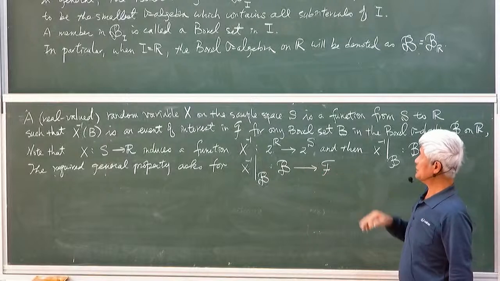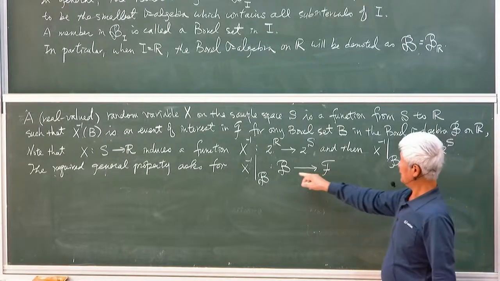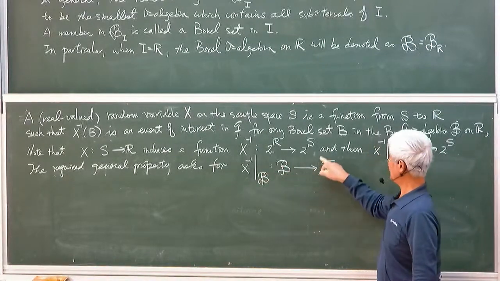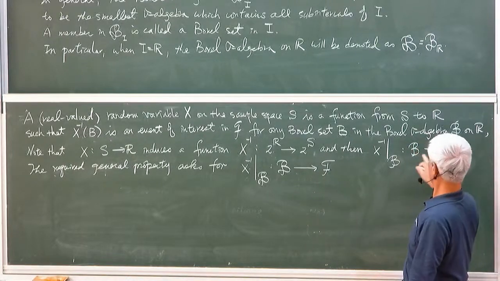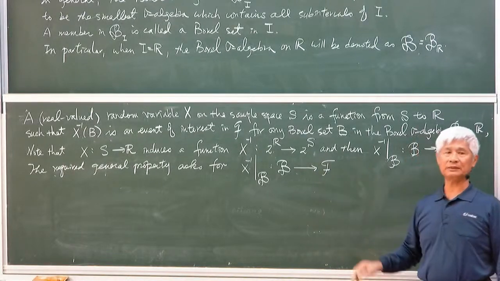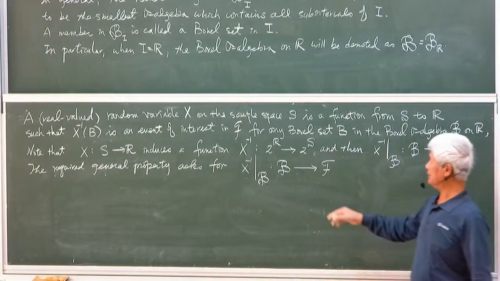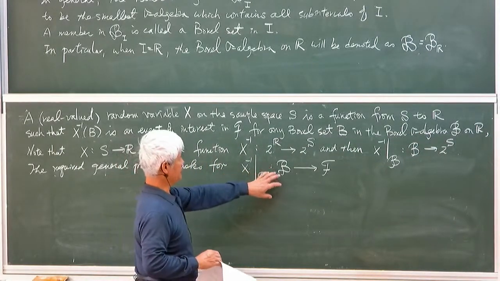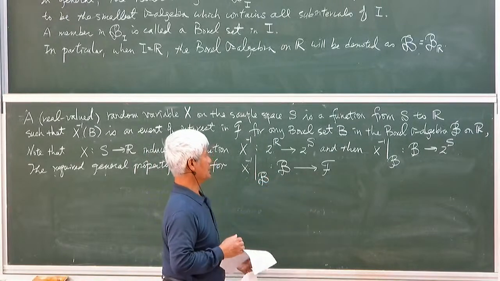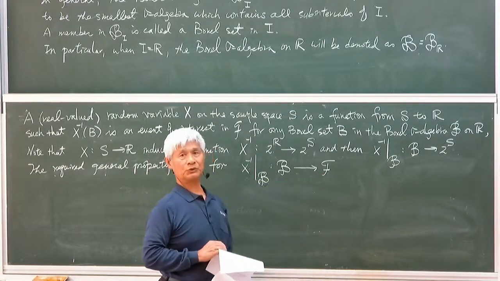Then the required property asks for that when we restrict to that, the codomain can be replaced by the F sigma algebra, which means that the inverse mapping of every Borel set is an event of interest.